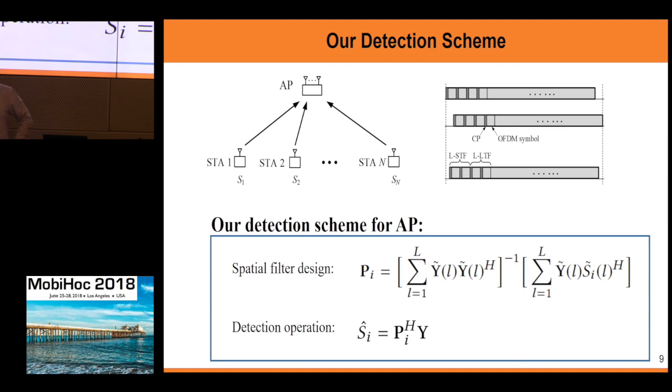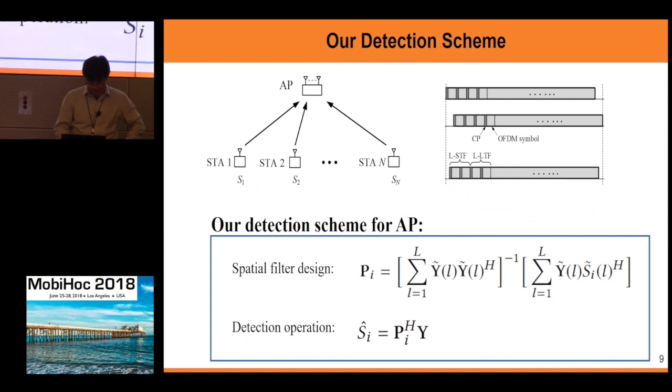So that's it, we only use two signals to design this filter. After we design this filter, we use this linear operation to estimate the signal. P_i is the filter, and this H is the conjugate transpose. So this is our detection scheme for the AP.